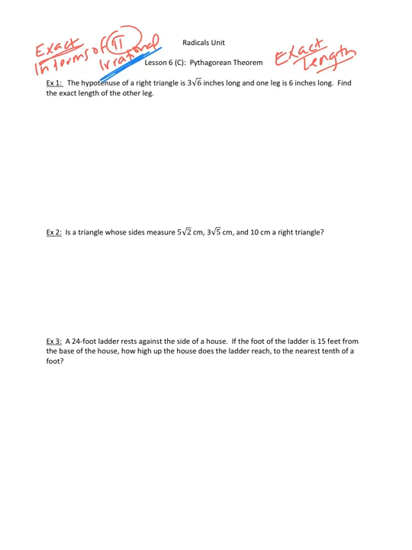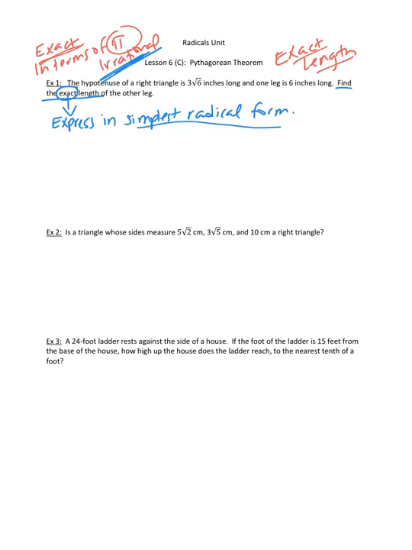So in questions that involve radicals, like example 1, when they say find the exact length of a particular side, that means you need to express your answer in simplest radical form. They won't say explicitly simplest radical form, they'll say find the exact length.